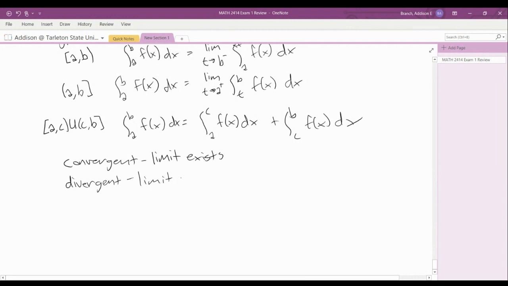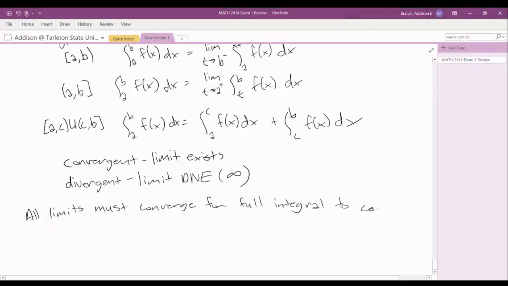And this is typically because the limit goes to infinity. And when we think of this, all limits must converge for the full integral to converge.